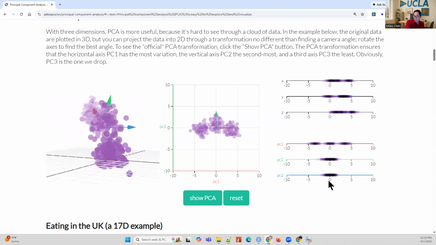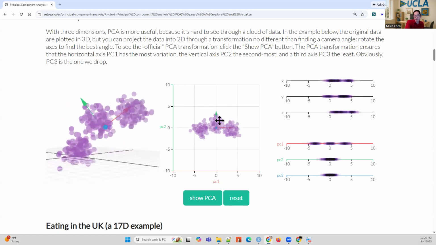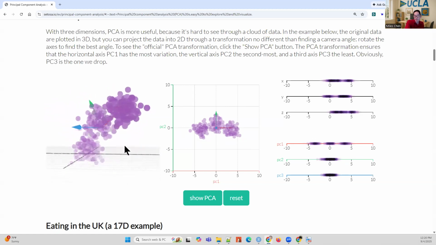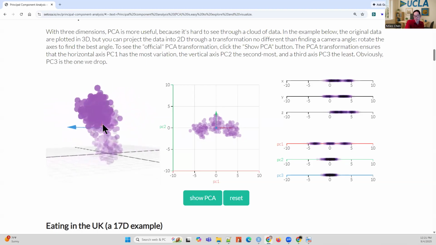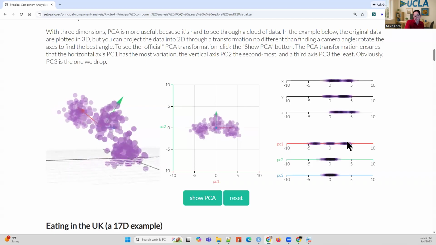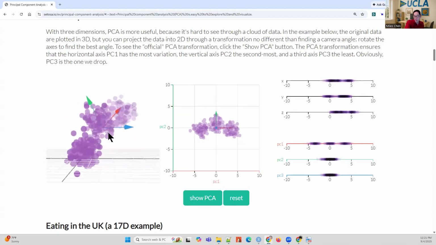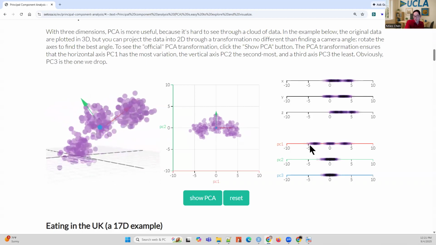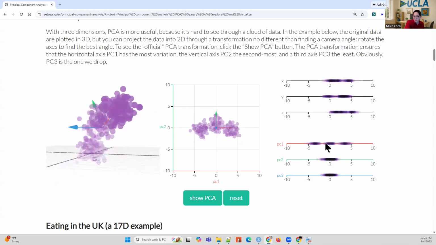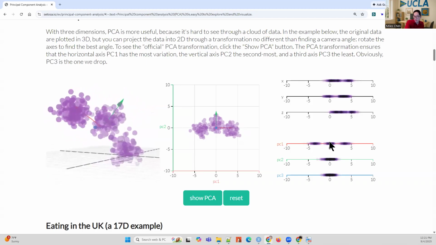But so we can throw away principal component three, and we don't feel like we're losing a ton of the original information from the original diagram. Okay. We have a lot of the structure of the original data in three dimensions shown here by saying that we can still preserve the structure of there being three clusters here.